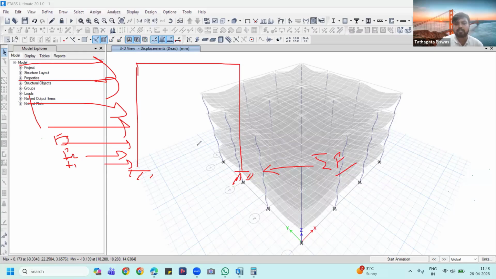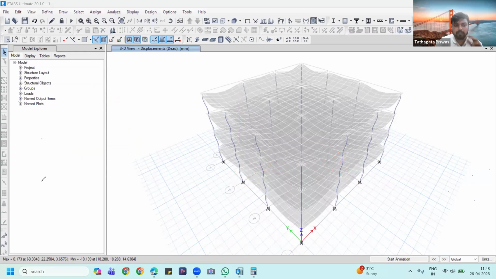But in case of dynamic distribution, this is not the scenario. It is based upon the maximum responses that we are getting, and based upon that, it will give you the responses of other modes as well. So it is basically a dynamic effect. It is not a static distribution of the forces. Dynamic means it is very natural, and also has certain impact forces.